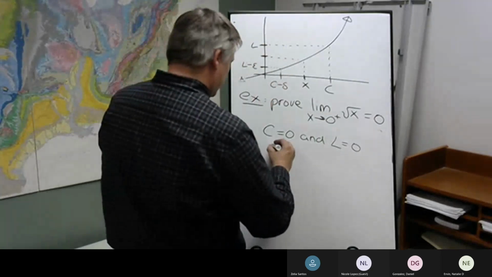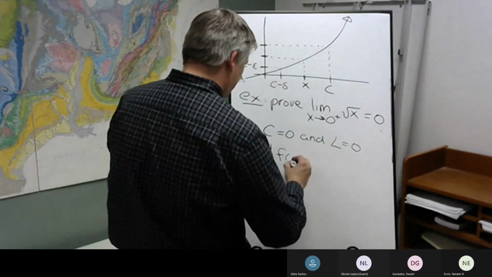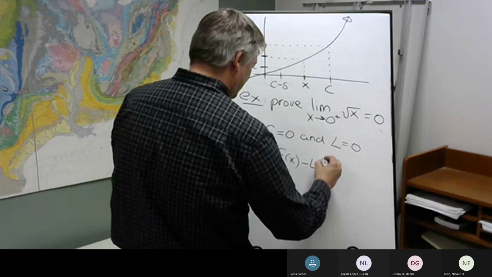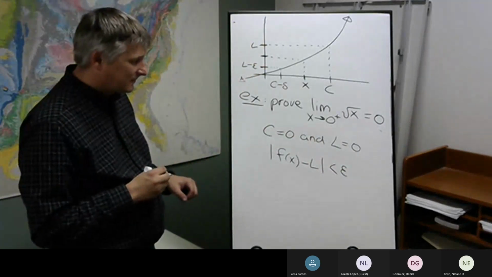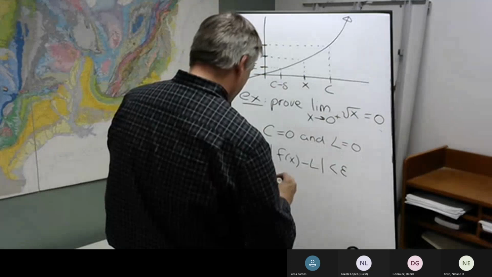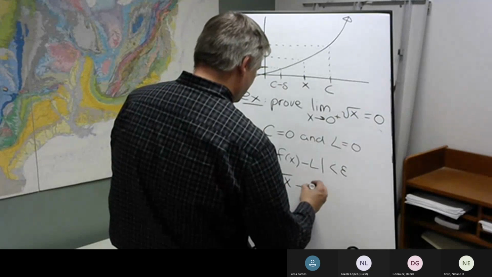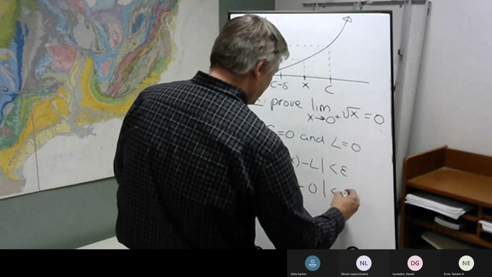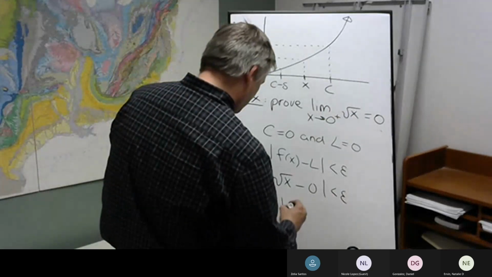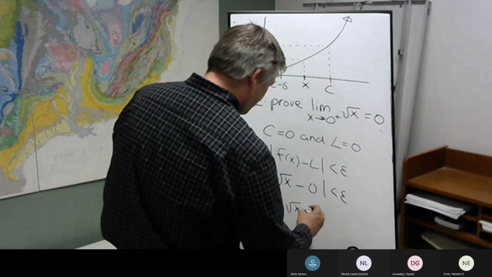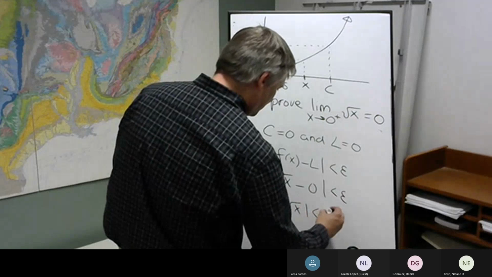We'll take our f of x minus L less than epsilon, or square root of x minus 0 less than epsilon, or square root of x is less than epsilon.